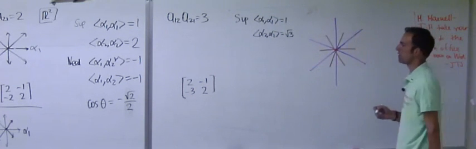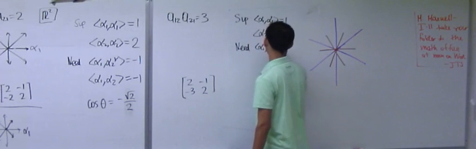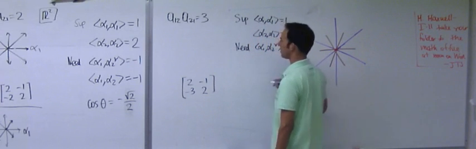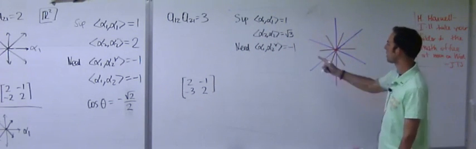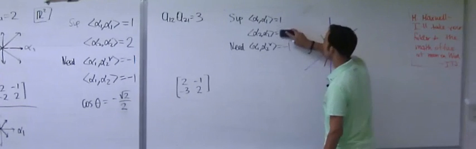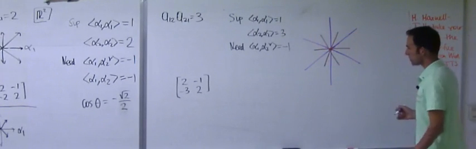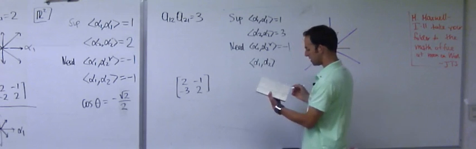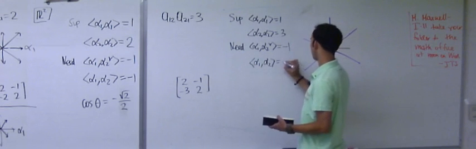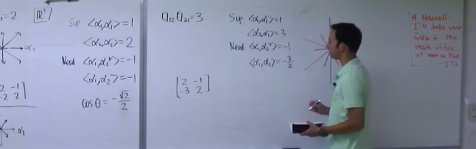Okay. I need alpha 1, alpha 2 check to be -1. Sorry, 3. So the length is root 3. The dot product is 3. Thank you. I need this, and if you compute what this is, we find that alpha 1 comma alpha 2 should be -3/2.